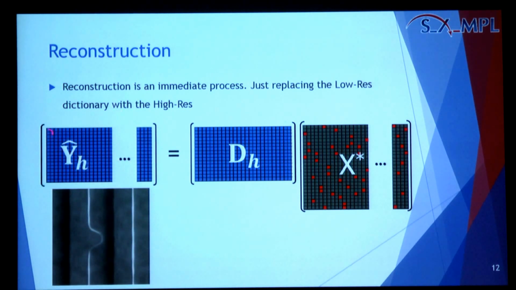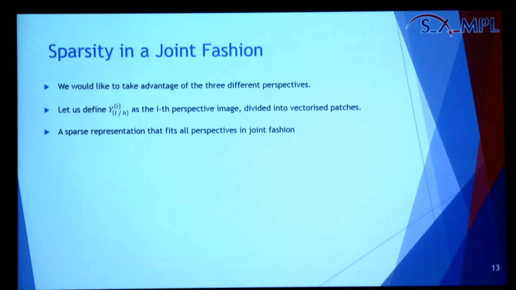This time it's Y_H hat because it's a reconstruction. It's exactly equal to this version. That's the super resolution version. And you see it's quite simple. If you build the problem correctly, the patches are paired, everything is structured according to our basic ideas, it's an immediate process, and you get a very good result, according to my eyes, at least.